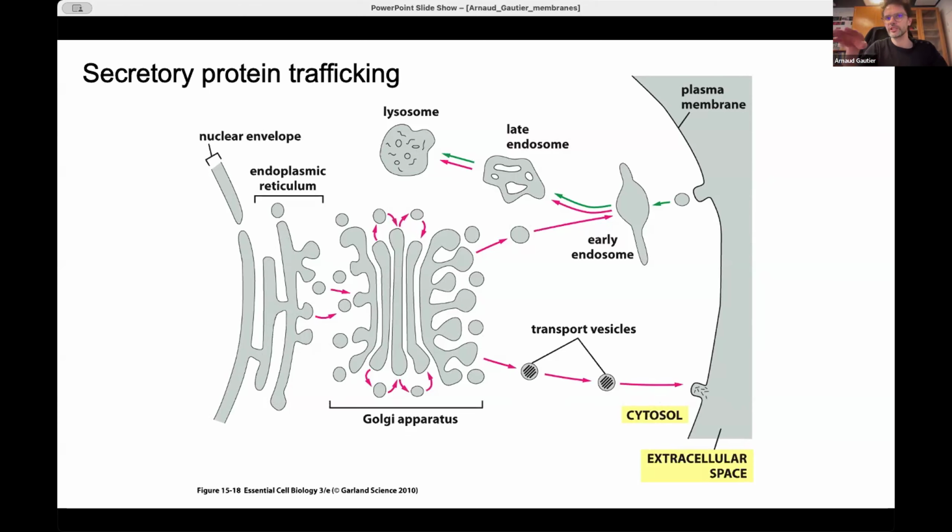If you want to really visualize the different steps of this process, you need to synchronize the traffic. A way to do this is to sequester the protein in the ER, and then release all of the protein at once from the ER to the Golgi and then to the cell surface.